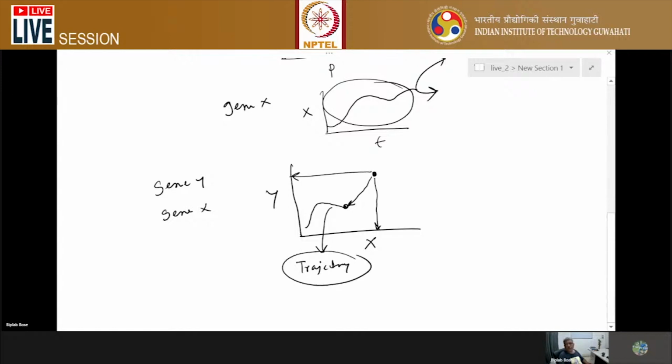Obviously, I can see this type of trajectory on a phase portrait or phase space if it is up to 2 dimensions. If I have 3 genes, 3 proteins involved, or you are creating a model where 3 chemicals are involved, I can see it, but a 3D plot is difficult to visualize. Then you can get rid of the data of one variable and plot the other 2.